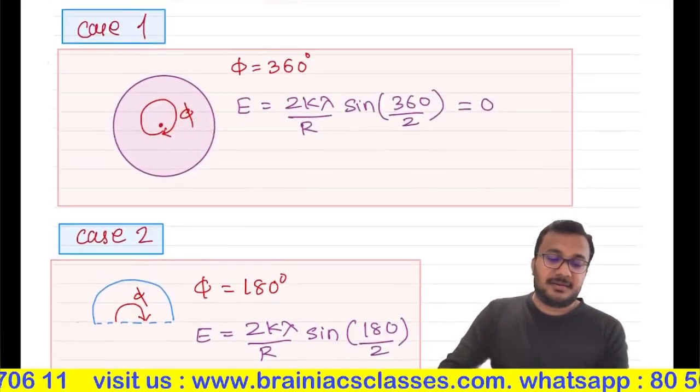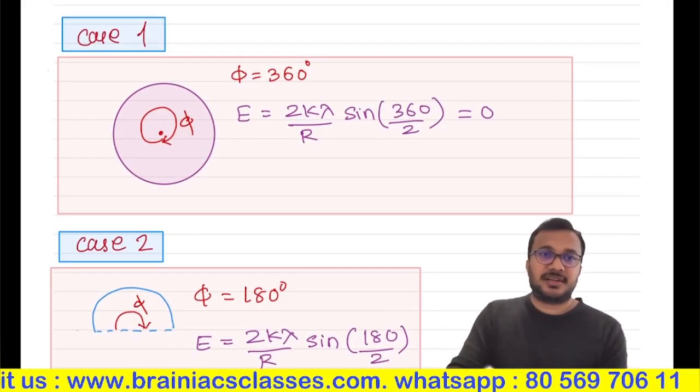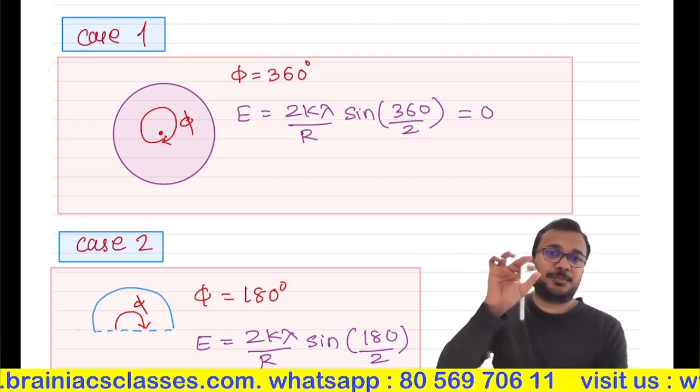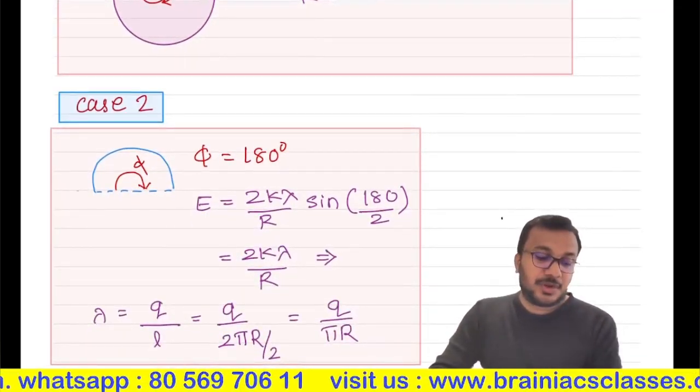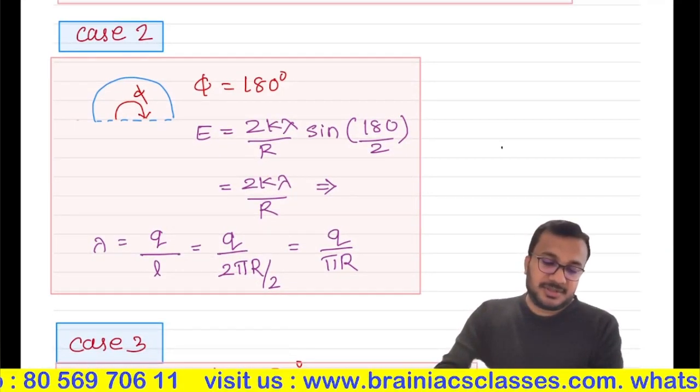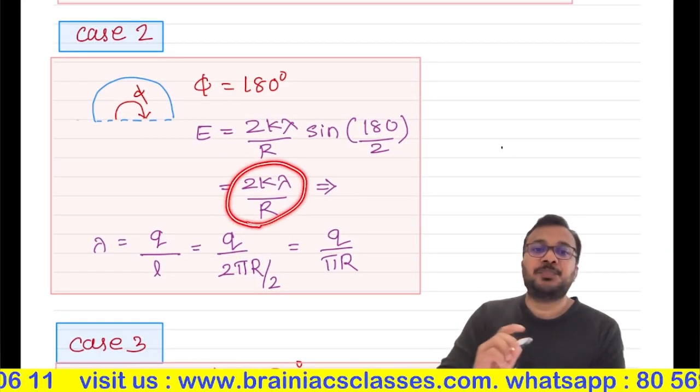Here, in the first case, the electric field is straightaway 0, nothing to do. It is a full string, positive charge or negative charge, whatever it is, 0. This is a half string, and we have to find the value here. Lambda is what?